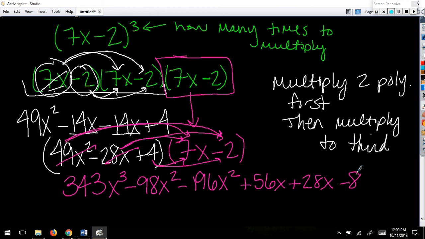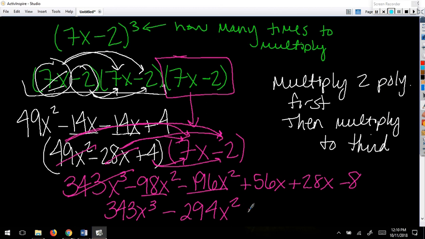Now I'm ready to gather my like terms. I have 343x to the third, negative 98 and negative 196 would give me negative 294. And then 56 and 28x would give me 84x minus 8. And I'm done.